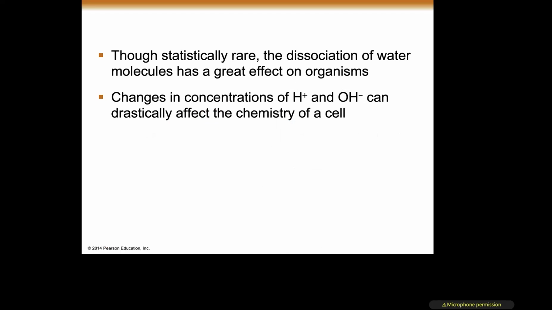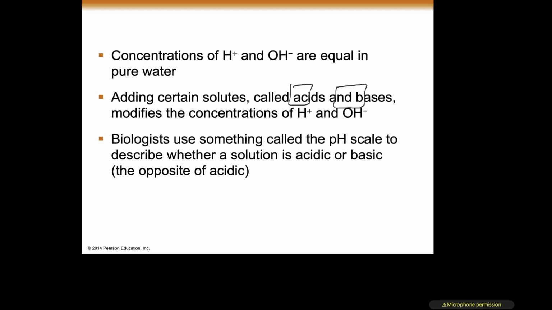That constant change means you're going to have changing concentrations of H pluses and OH minuses, and that can change the chemistry of the cell. When the hydrogens and the hydroxides are equal, it's pure water. But when they are not equal, that leads to either acidic or basic solutions.